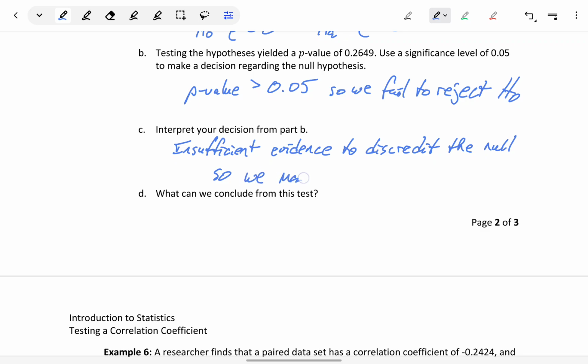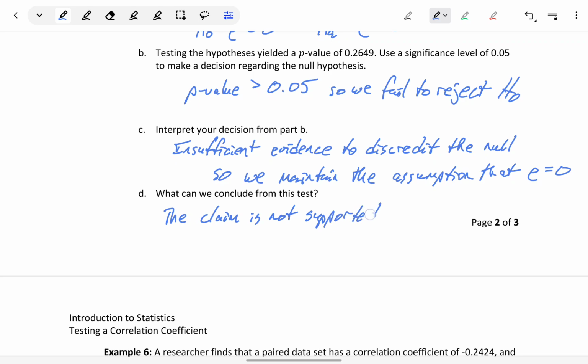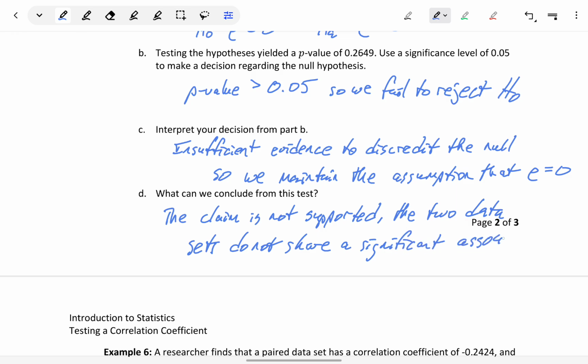So we maintain the assumption that the population correlation coefficient rho is equal to 0, meaning the claim is not supported, and we'd say the two data sets do not share a significant association, keeping in mind that for this conclusion and all others, that is based off the data that we have available.